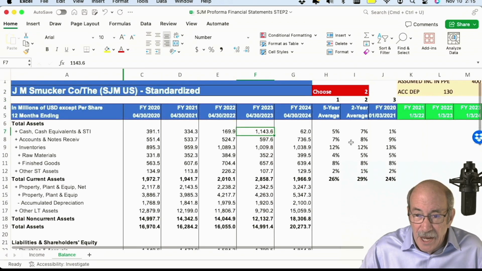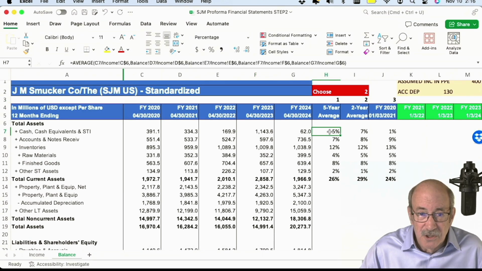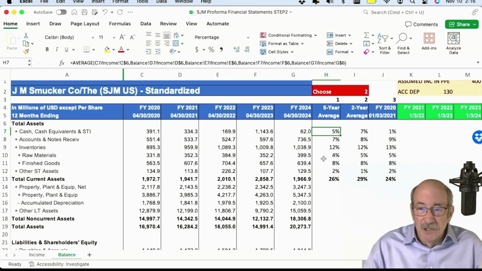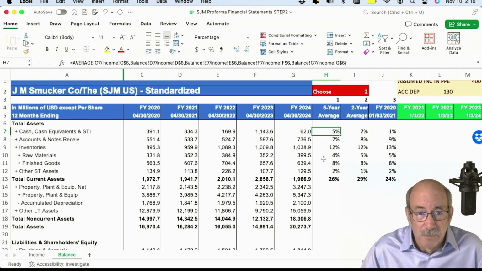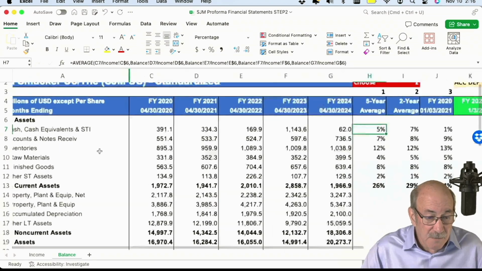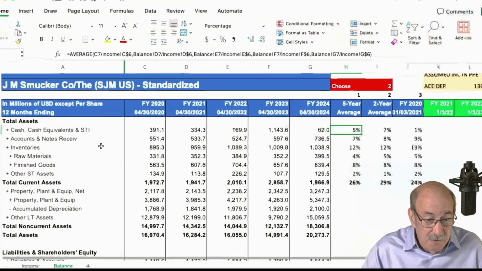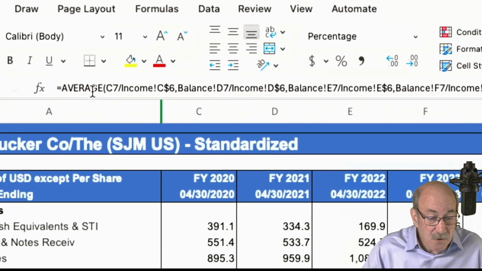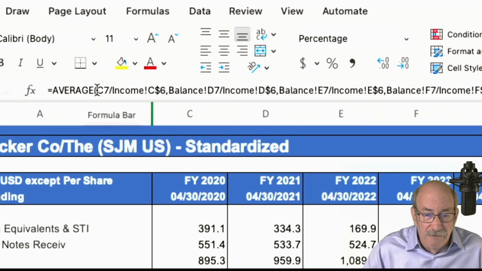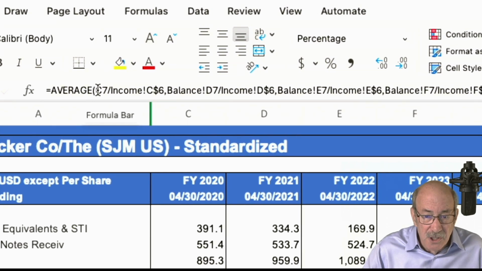Now, let me go back to the formulas themselves. So, for instance, how did I calculate this formula? Well, I used the average function. I took the cash account, which is in column C, row 7 for fiscal year 2020.